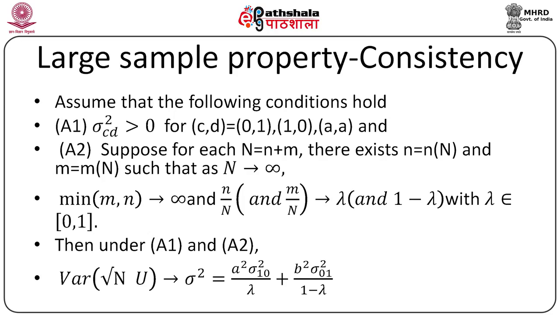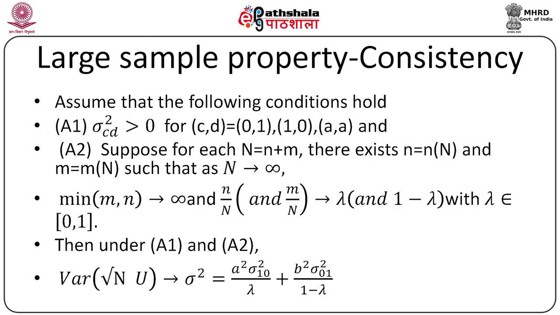Suppose for each capital N equal to small n plus m, there exist subsequences small n and small m such that as capital N tends to infinity, minimum of m and n tends to infinity and n by N tends to lambda and m by N tends to 1 minus lambda, where lambda lies in the open interval 0 to 1.